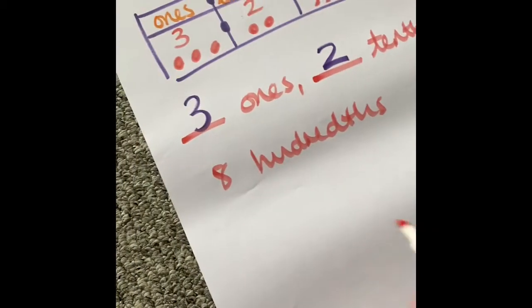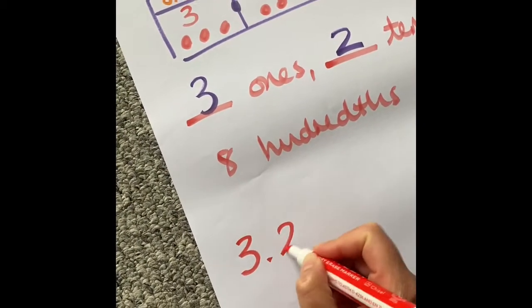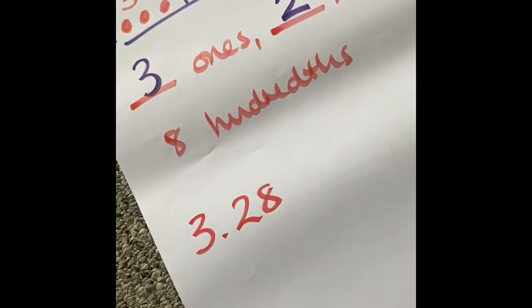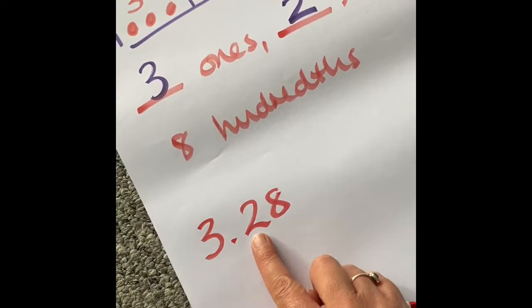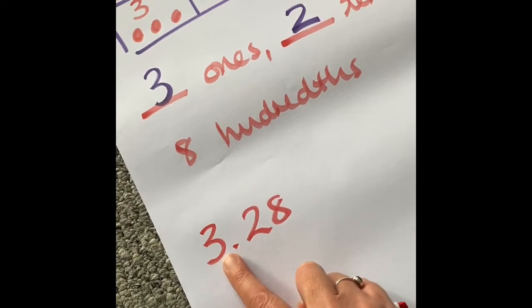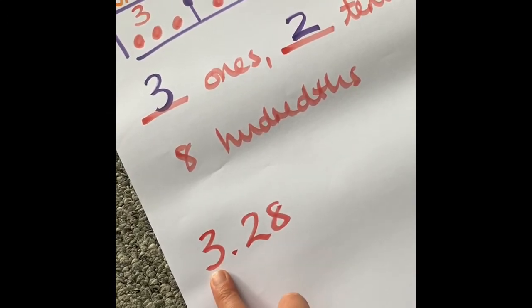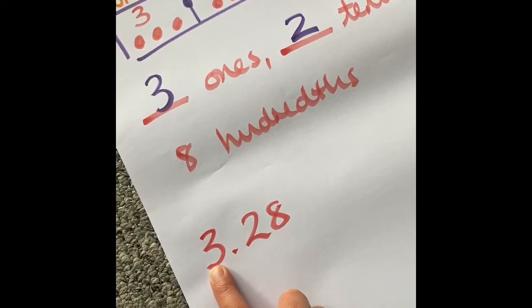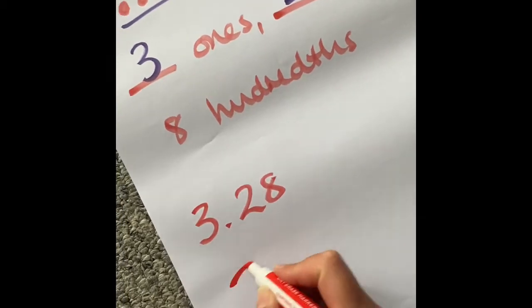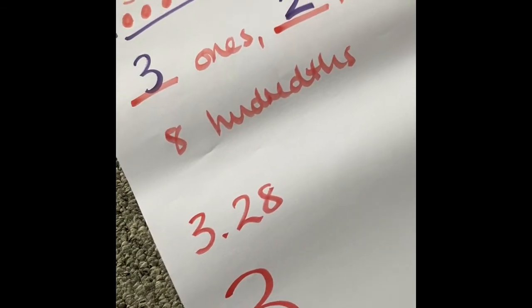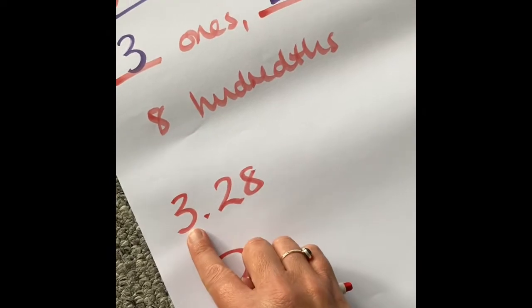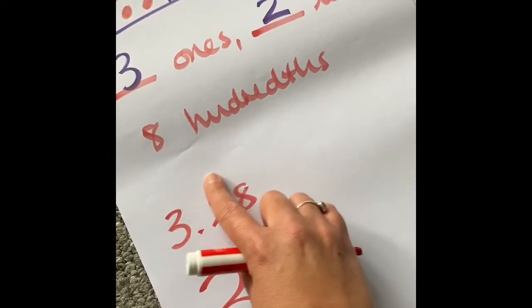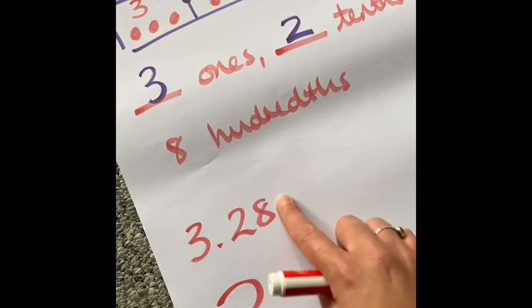Now, when I'm thinking about this number and how much the value of each of these digits are, remember, anything left of the decimal point is a whole. So I'm writing this as a mixed number. So 3 is my whole, and then I need to do something here.